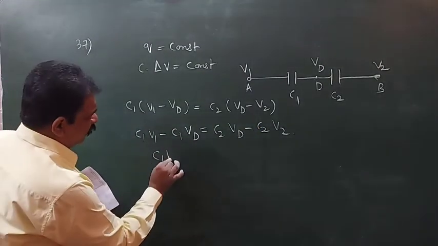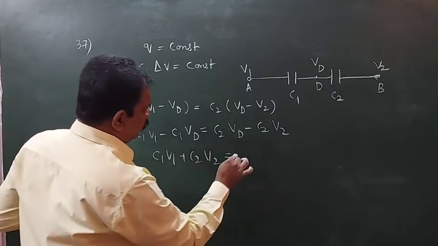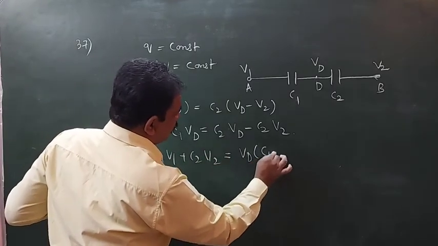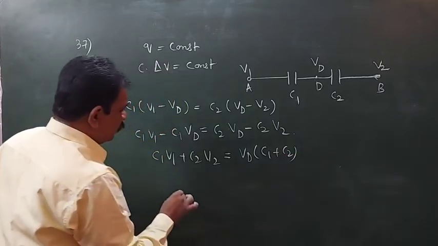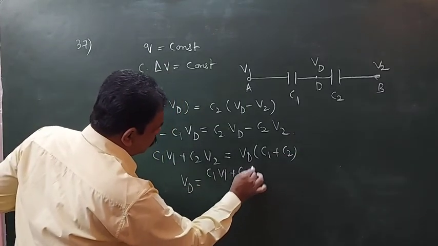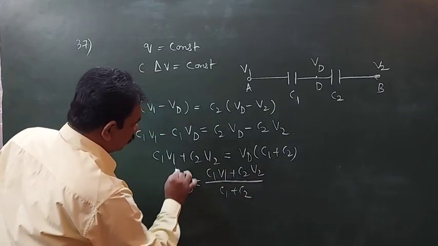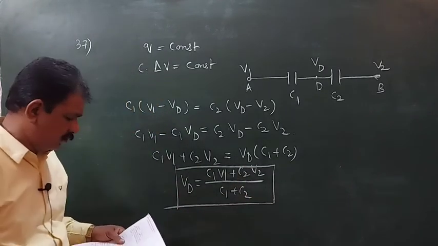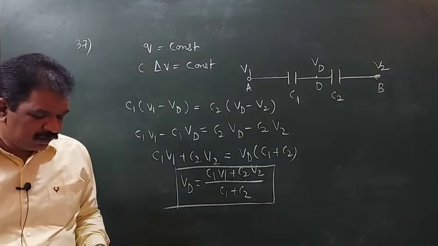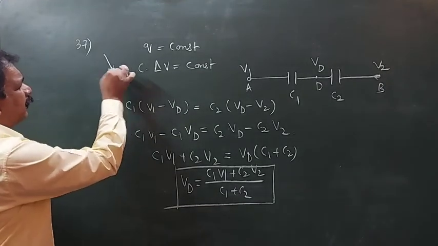So C1 V1 plus C2 V2 equals, taking Vd common, Vd times C1 plus C2. So Vd is equal to C1 V1 plus C2 V2 by C1 plus C2. So 37 will be the third option.